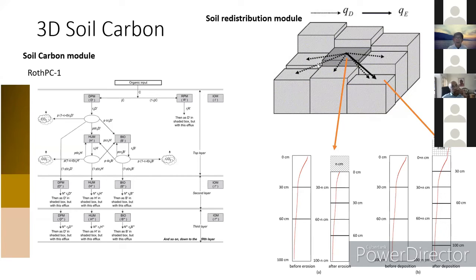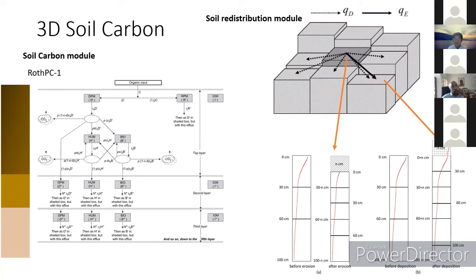So what do we mean? This is again a representation of pixels, and one of these is one profile, but within this profile we can run an erosion model. We can simulate erosion. So at one place, if this is a profile and there's erosion, then we lose some thickness, and that thickness transfers to another pixel.